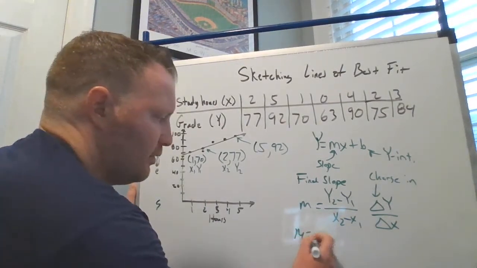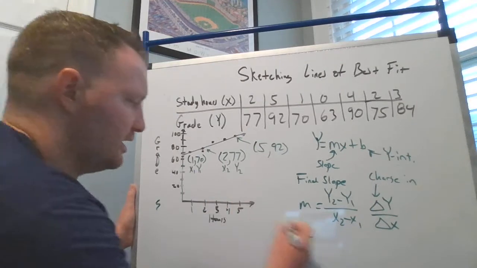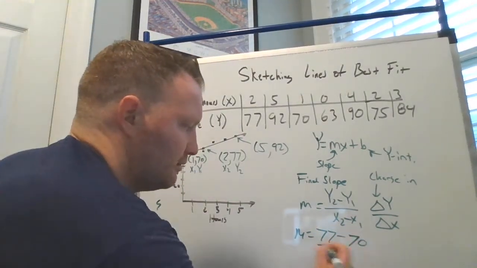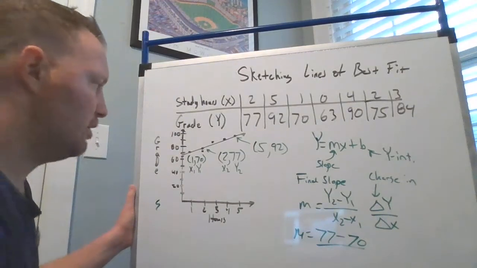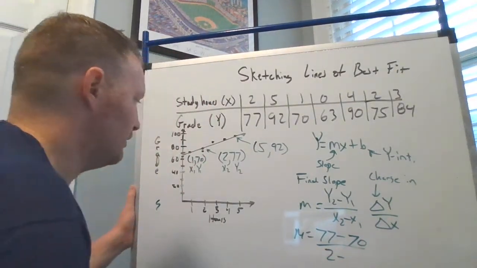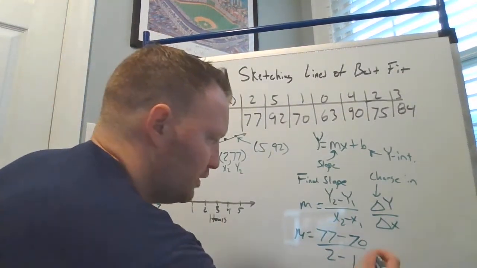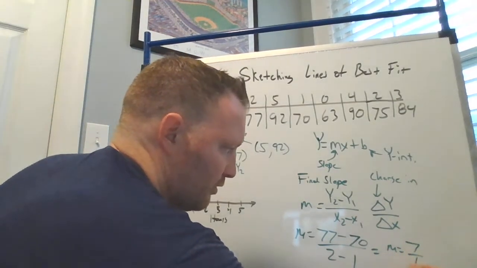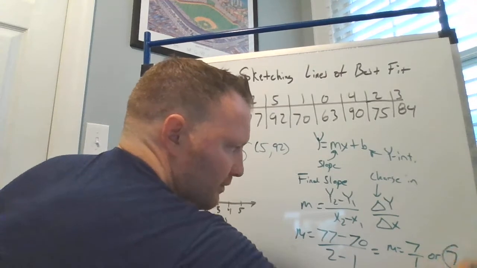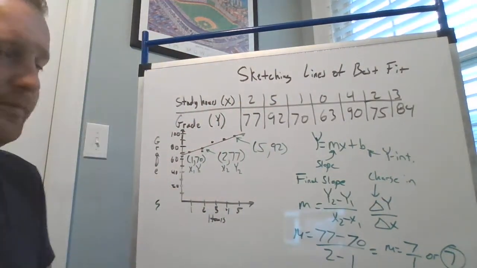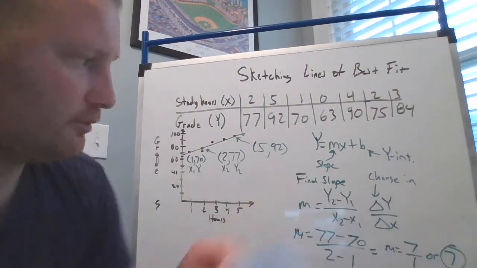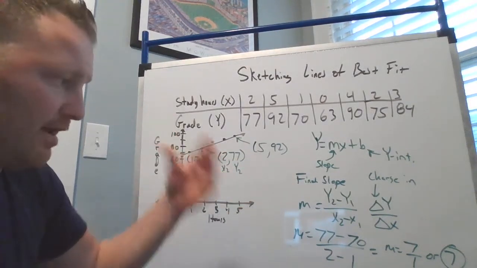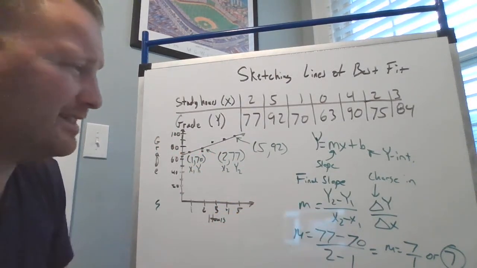Now to find my slope, I'm going to do y2, which I identified as 77, minus 70. There's my change in y, my rise, over my change in x, my run. And that's 2 minus 1, so my slope is going to be 7 over 1, or just 7. There's my slope, okay? Now, I did all that work to calculate the slope of this line that I made as my best fit, and my slope happens to be 7.